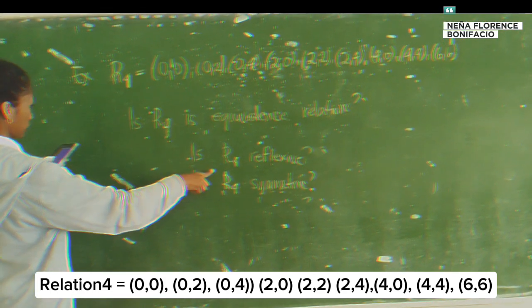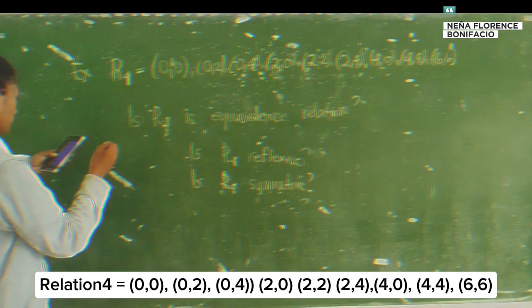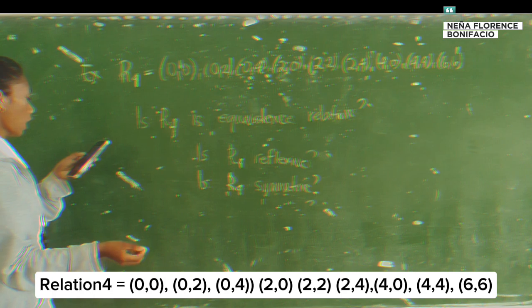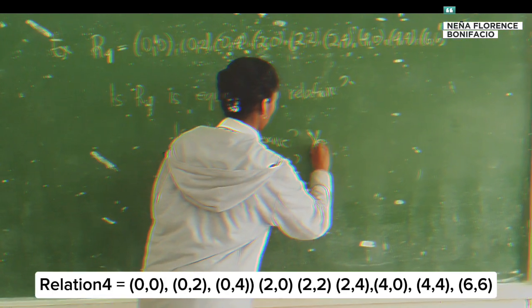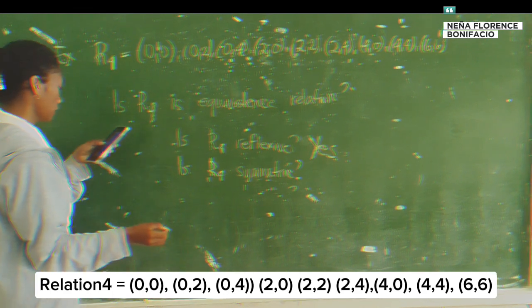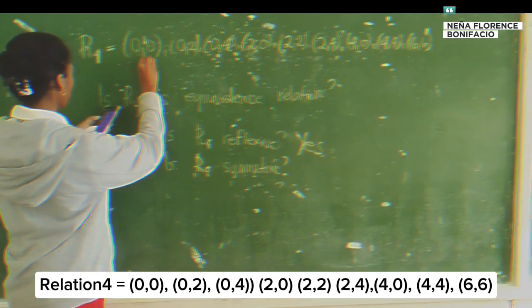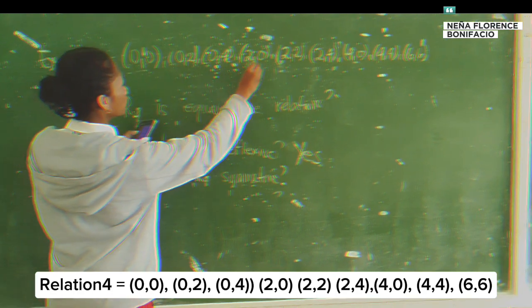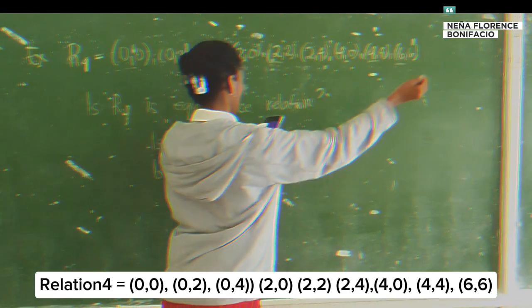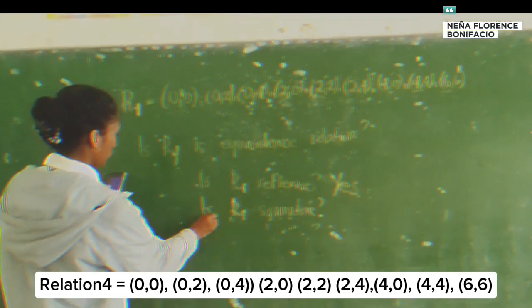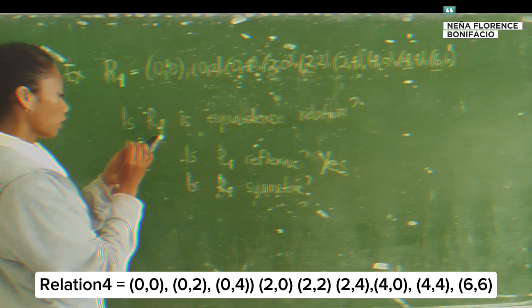First, is relation 4 reflexive? Obviously yes: we have (0,0), (2,2), (4,4), and (6,6). Is relation 4 symmetric?